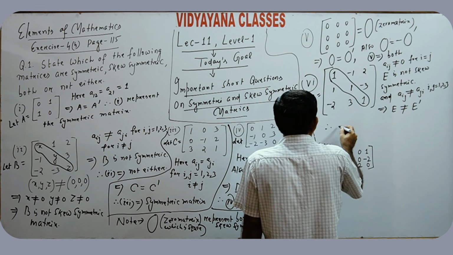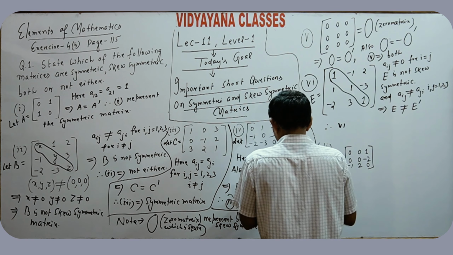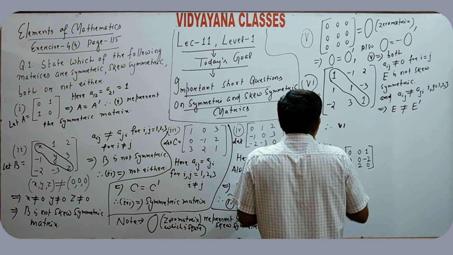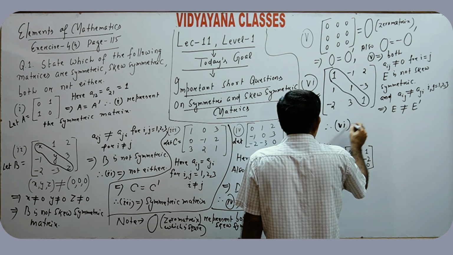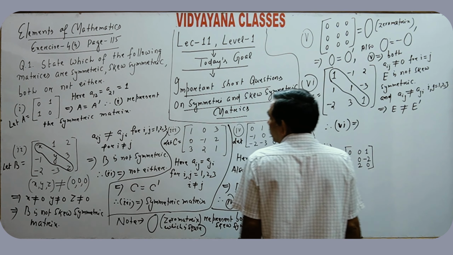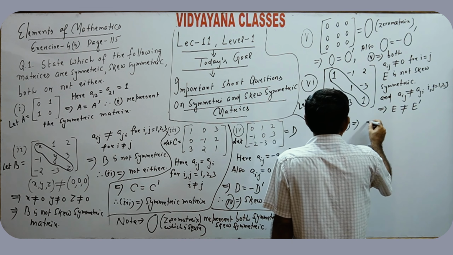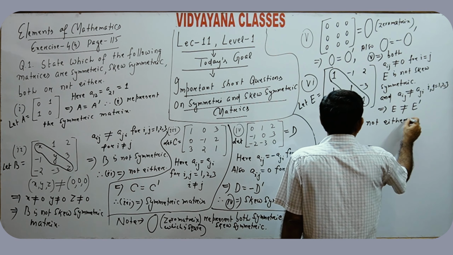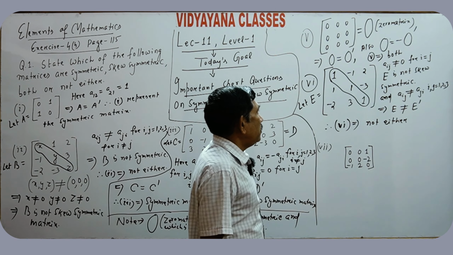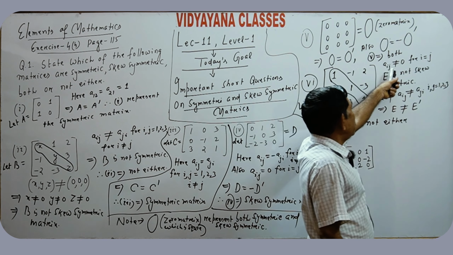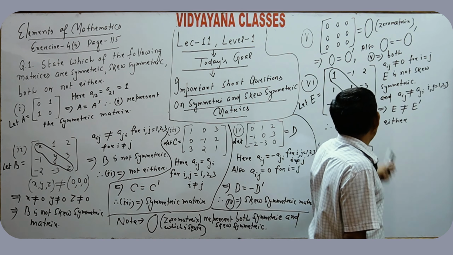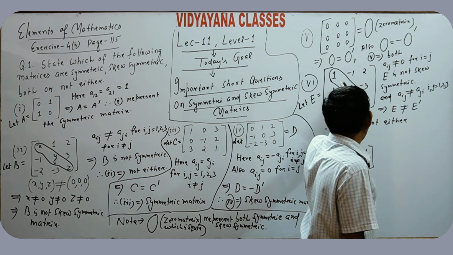Therefore, the fifth bit implies not either. Clear? Aij not equal to 0 for i equal to j. That means all diagonal elements are not 0.